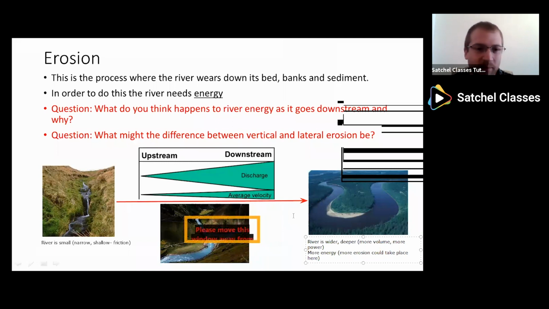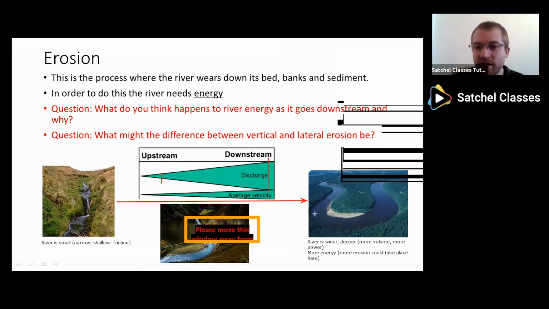We've got this triangle showing discharge, where that triangle has a smaller point upstream, which shows a smaller discharge. That's the volume and speed of water combined. As we go downstream, the edge of that triangle gets bigger, which shows that our discharge is also getting larger. So our small triangle for upstream is much wider for downstream.